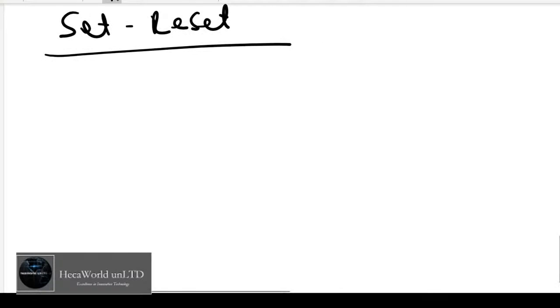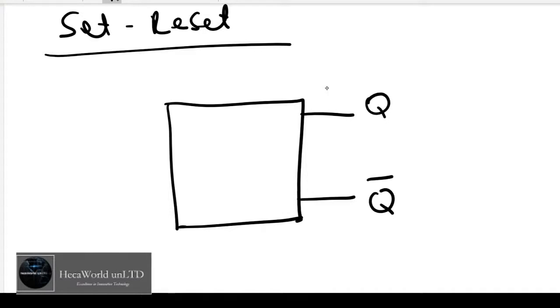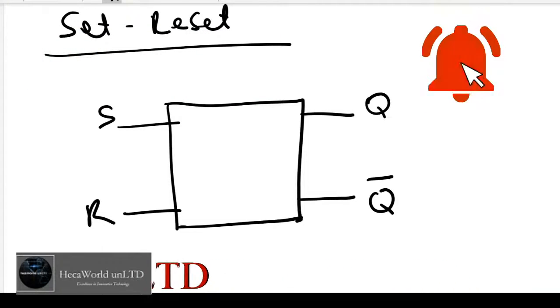So just like the name implies, you will set it and you will reset it. Again, Q and not Q, set and reset. Okay, so in this case, if I send a signal on my set, let's draw the table.